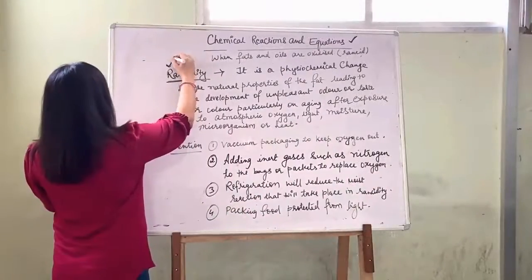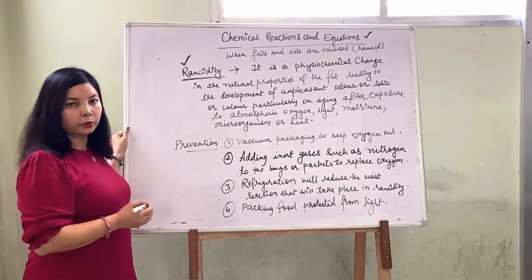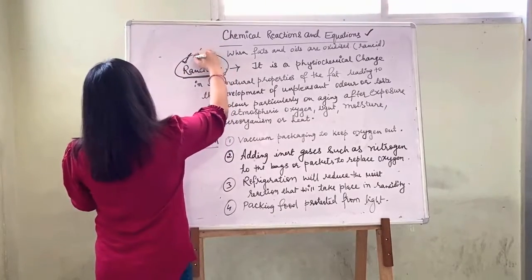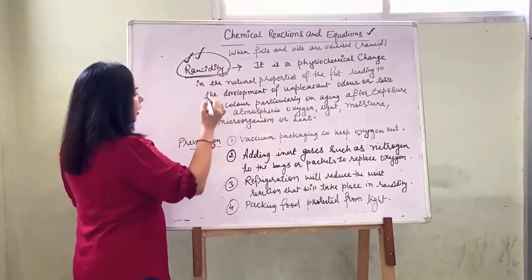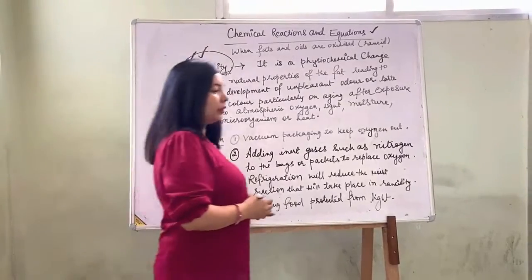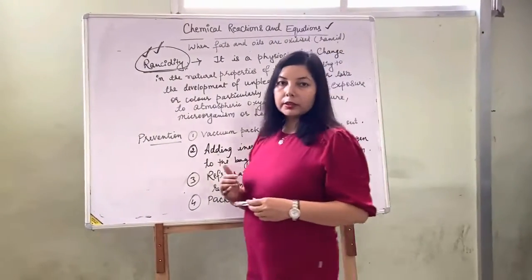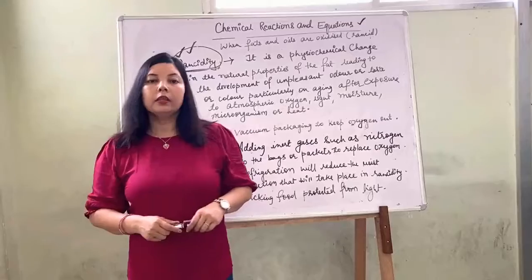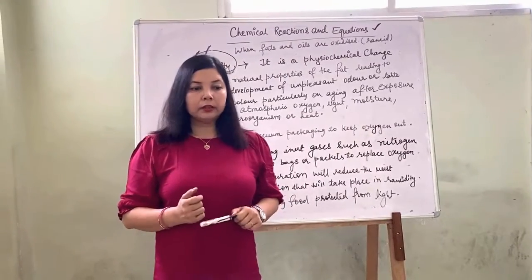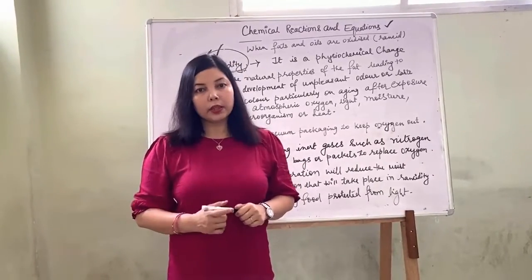Now let us, students, talk about another effect of oxidation reactions in our day-to-day life, and that is rancidity. So we'll talk in detail about what is rancidity and how we can prevent it. You must have seen in your day-to-day life that when you eat some food material that contains fats and oil after a long time, it smells very bad and its crispiness also decreases.